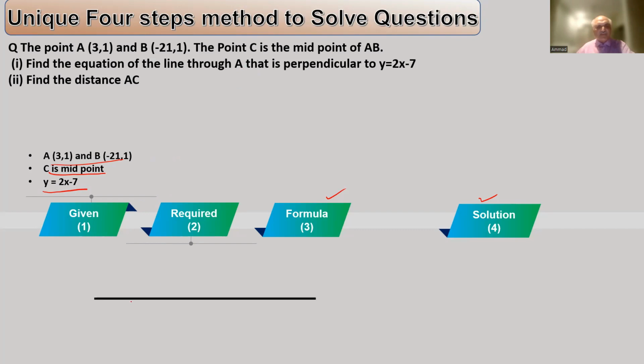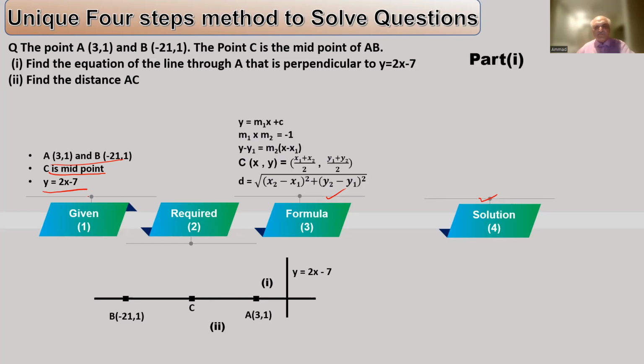This line is given, and we are also given the 2 points, A and B. C is the midpoint between A and B. We have to find the equation of a line which passes through this point and is perpendicular to this line. In the second part, we have to find the distance between A and C.